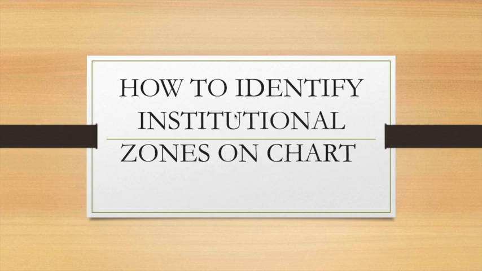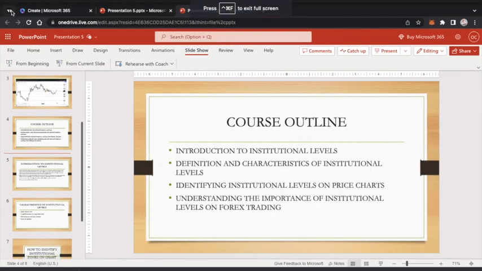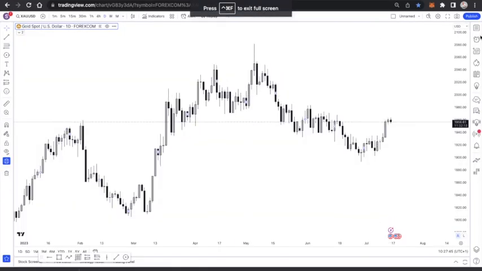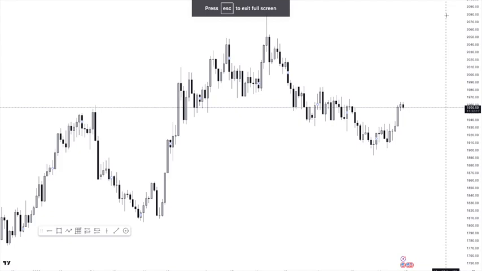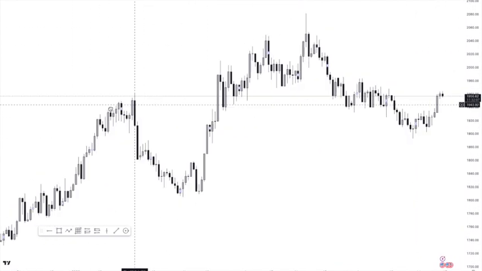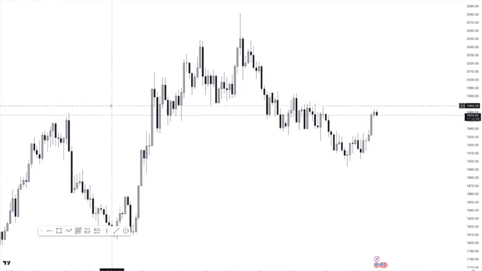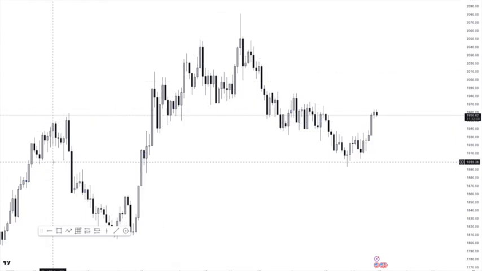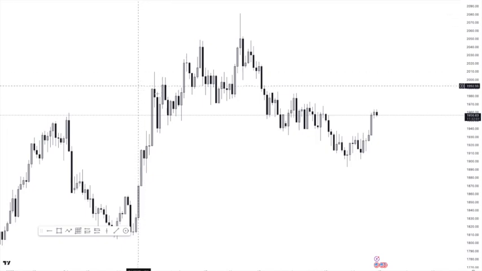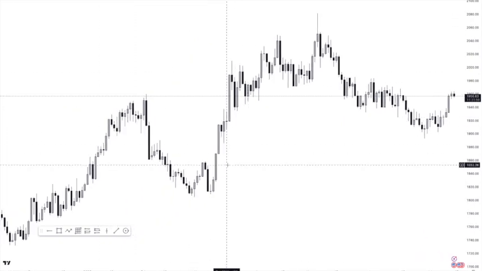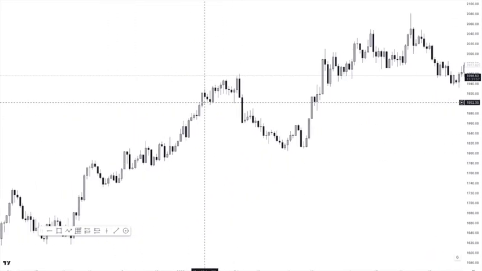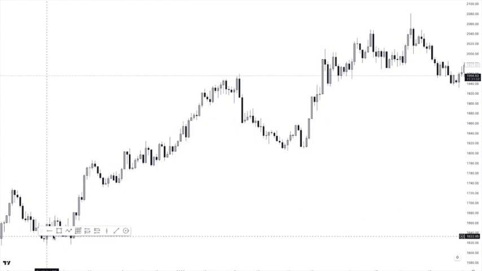Okay, how to identify institutional zones on chart. Let's go to our chart. Here in this area, this is the current chart on gold. So we have these areas of institutional interest.